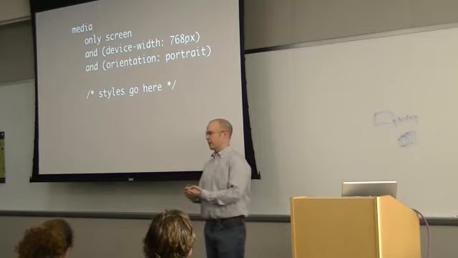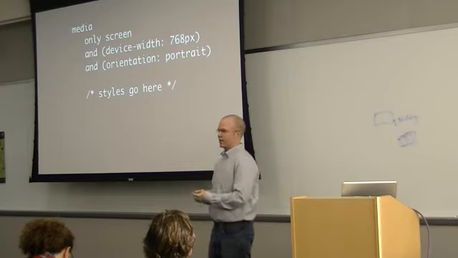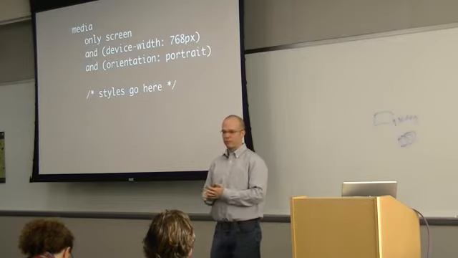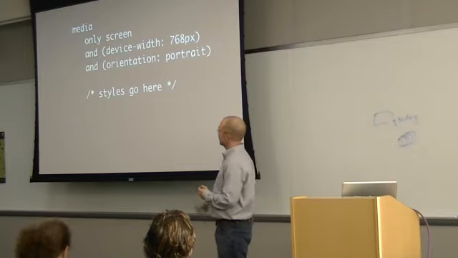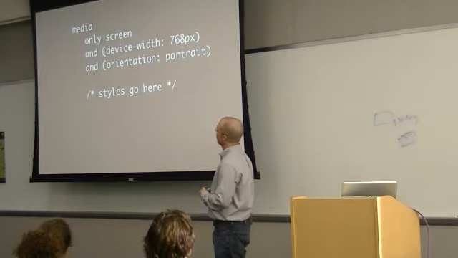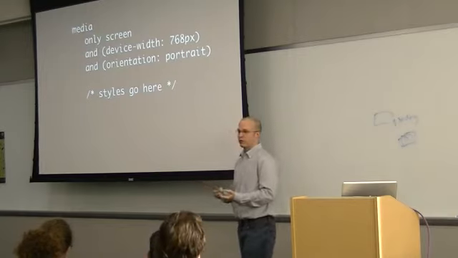Now, the only keyword is there to help hide this media query from older browsers, because at media blocks are not new. We've been able to do that for years. Remember print style sheets? Same thing. But those didn't understand the only keyword. Then we go further and we say device width and orientation. Those are our media features which we're querying for.